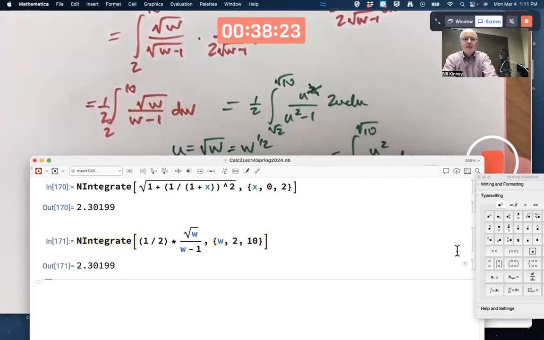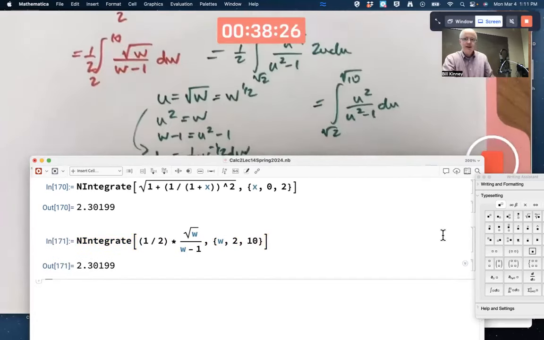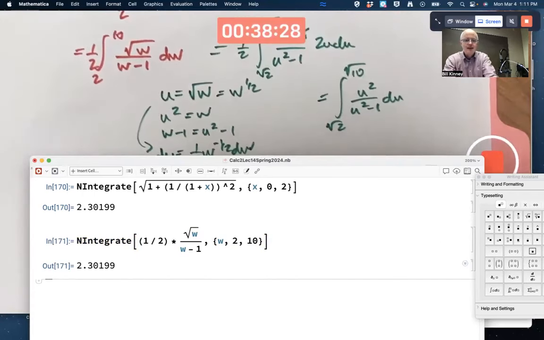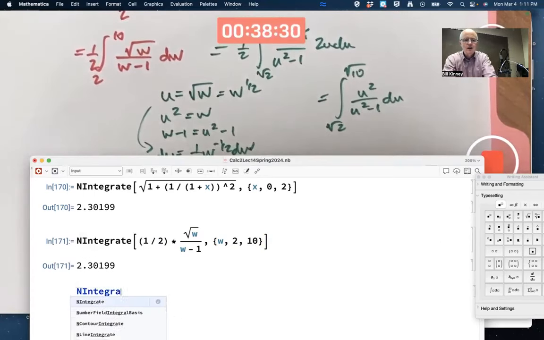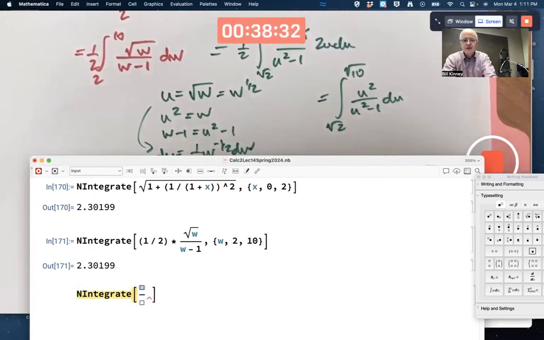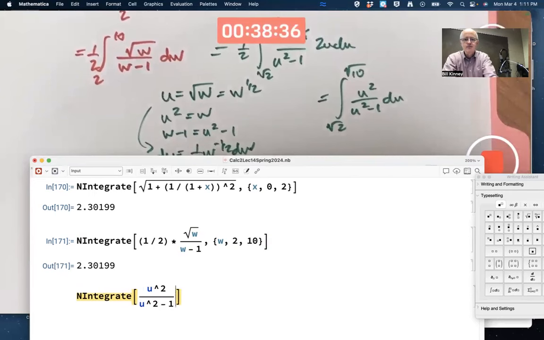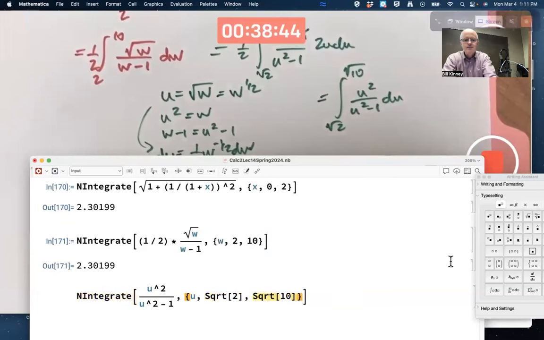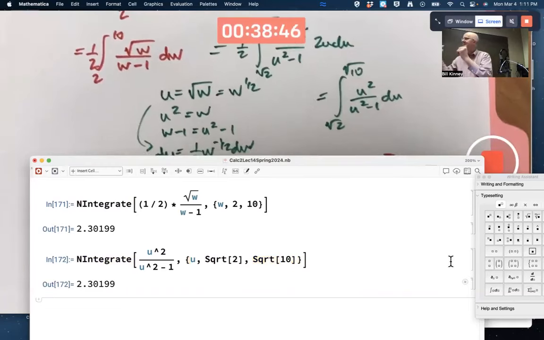Yep, same thing. And then the last one right here, NIntegrate. Yeah, again, the letter you use doesn't matter as long as you're consistent. u squared over u squared minus 1. u goes from square root of 2 to square root of 10. Same thing. Amazing. Okay. So it's working.